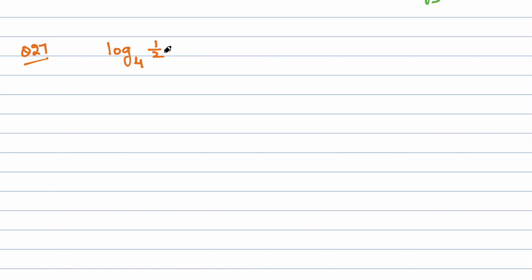I can see 2 is power 1, but it's 1 over 2. So then again I have to go to the very basic properties of exponents, that if we change the numerator or the denominator, the power changes. If no power is given to you, that means it has power 1. So it will be 2 to the power negative 1.